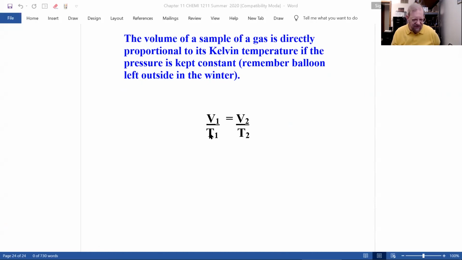This will not be on the test, but I just want to mention it. V1 is the initial volume, T1 the initial temperature in Kelvin. So if you have Celsius, you have to convert to Kelvin, which you know how to do. And this is equal to V2 over T2, where V2 is the final volume and T2 is the final temperature.